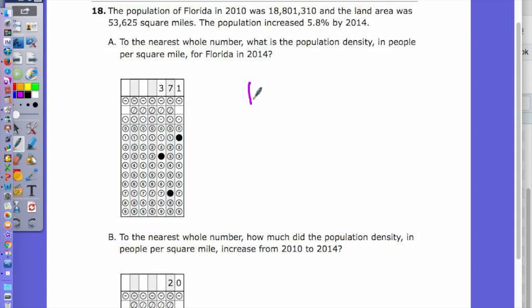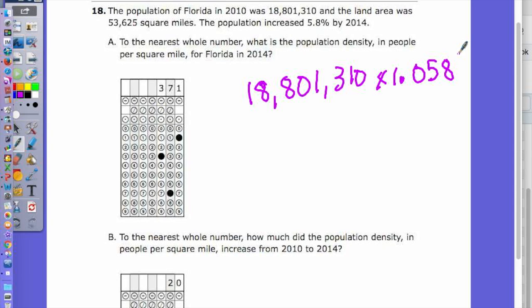So you're going to take 18,801,310 and multiply it by 1.058. 1, because you still have the 100%, and 5.8% is a percent. To turn that into a decimal, you move it 2 spaces to the left. So when you get that, that's your new number. Are you okay? Yeah. Okay.